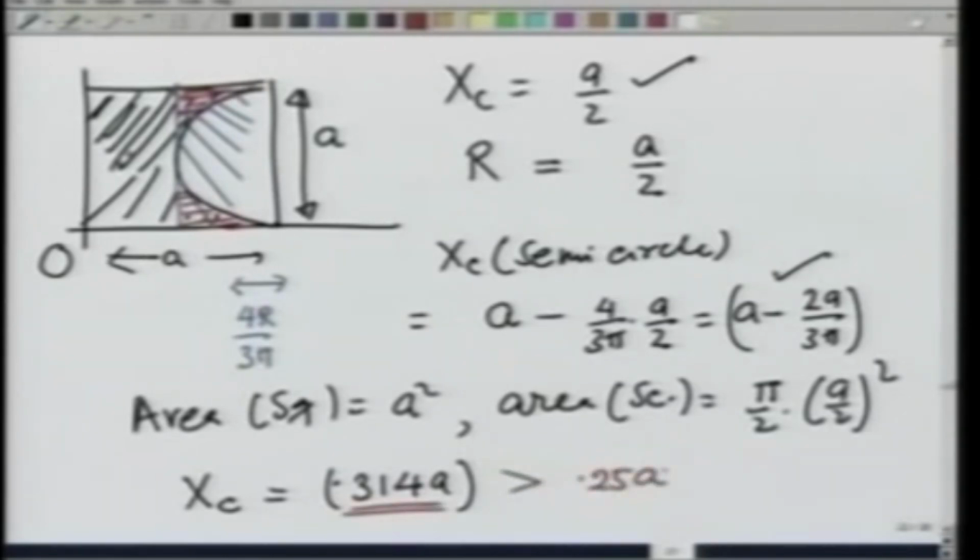That would have been the case if I had removed this entire half of the square. The y coordinate, obviously because of the symmetry, remains at a by 2. So, I have given you two examples of how to use the observation that the centroid of a given area is actually a weighted combination of centroids of the areas making this joint area, to calculate centroids of complicated shapes.